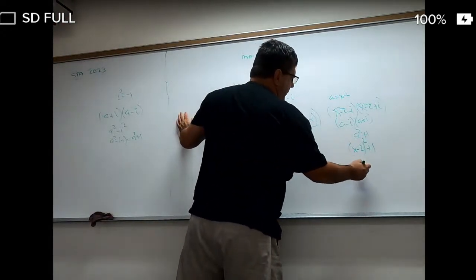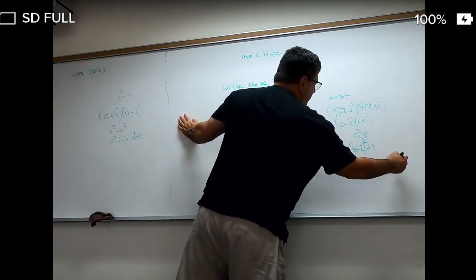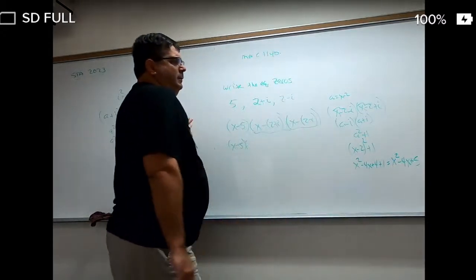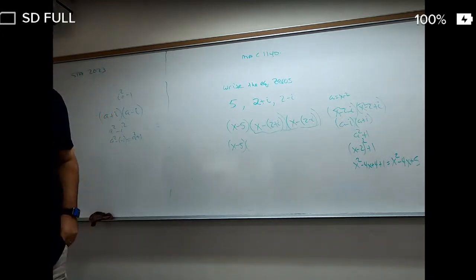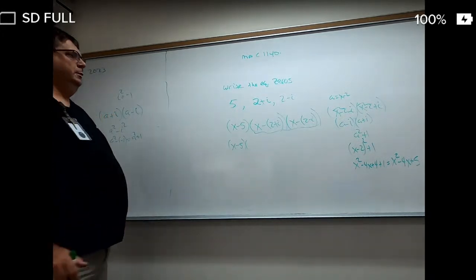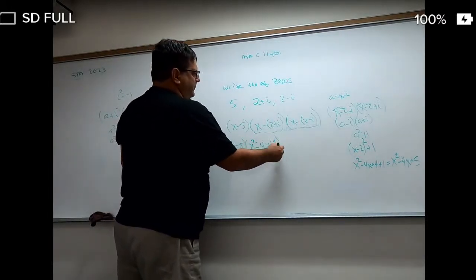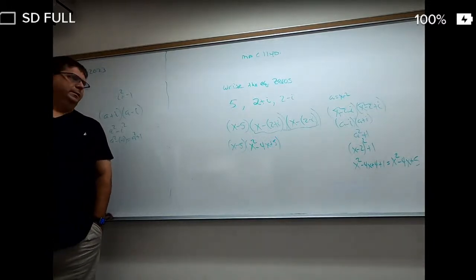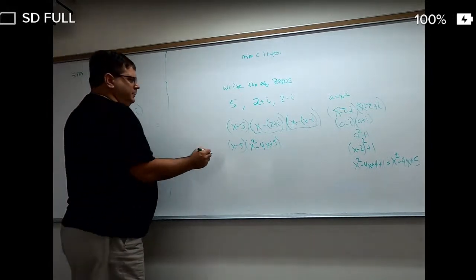All right, so now this becomes x squared minus 4x plus 4 plus 1, x squared minus 4x plus 5. So now this piece becomes x squared minus 4x plus 5. And now you're home free, right? Now you can write down the answer.